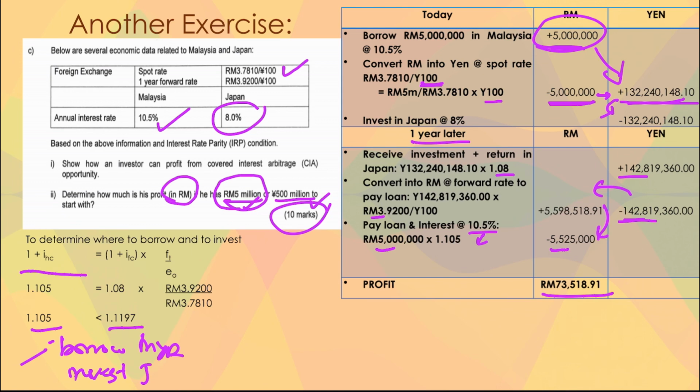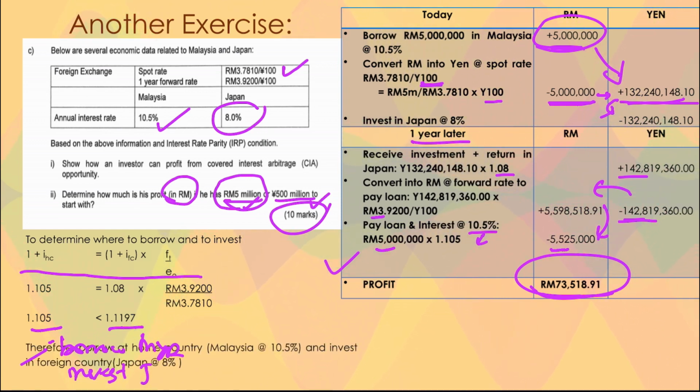You use this formula to determine which country to borrow in and invest in. When you get the values, you choose the lower interest rate to borrow and the higher interest rate to invest. And then you use this process to calculate how much profit you will get at the end of the investment.